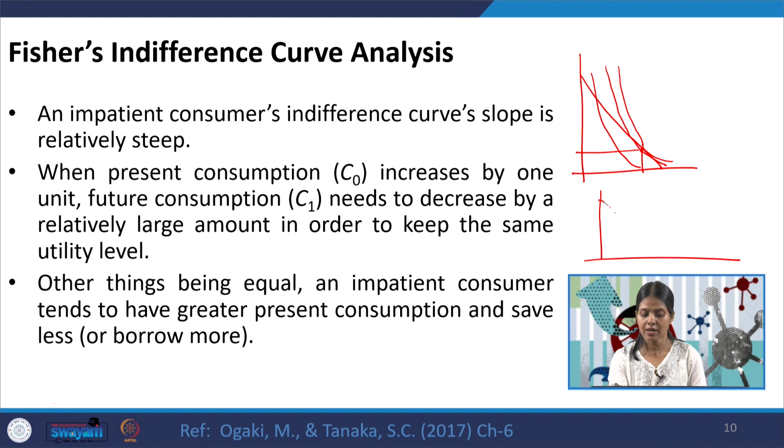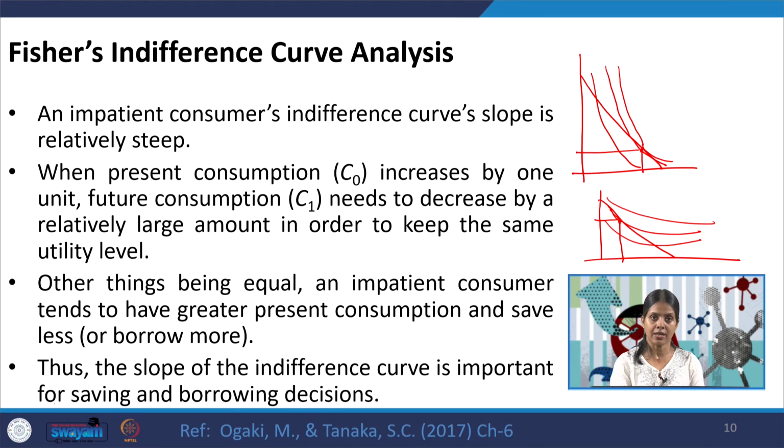Now again I have a budget line, but my indifference curves are pretty flat. So in that case I can expect a tangency point here. So for patient individuals, the indifference curves are flatter and they consume more in the future and less in the present time. Thus the slope of the indifference curve is important for saving and borrowing decisions.